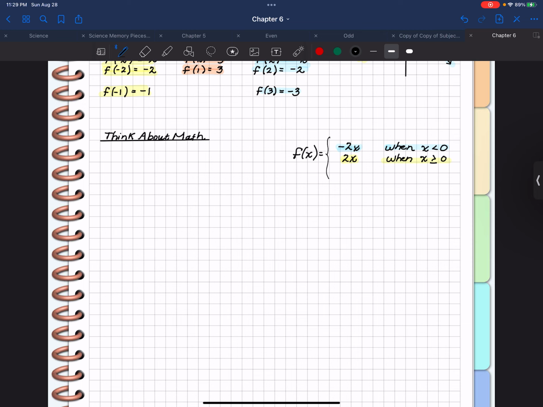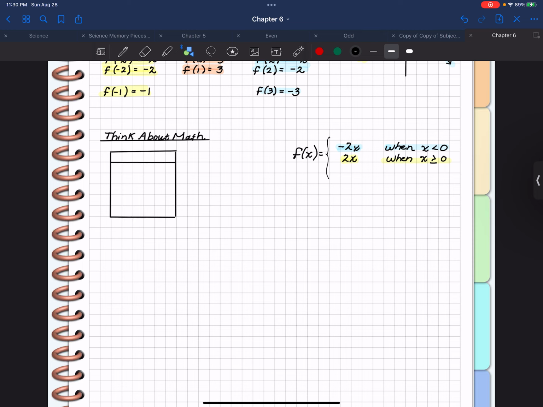So I'm going to build a table of values. We have 1, 2, 3, 4, 5 points again. So let's make 6 rows, because we always need a header row to know what we're looking at.